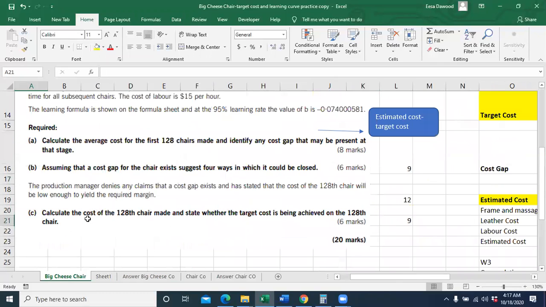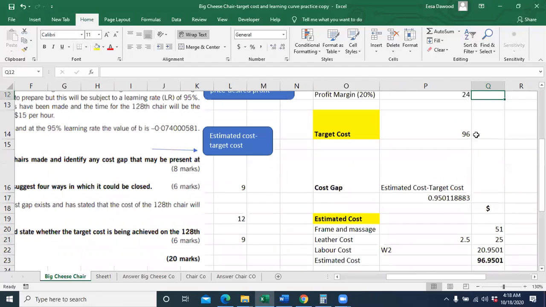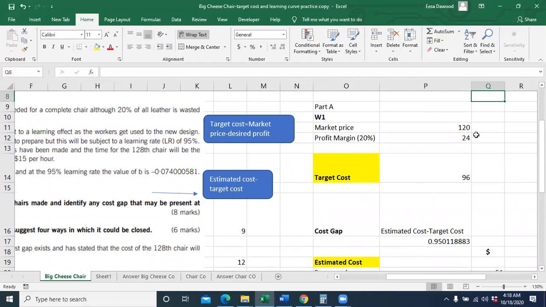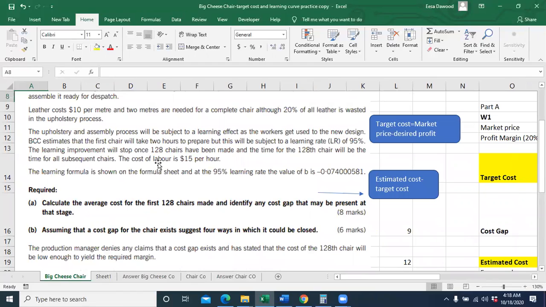But our production manager denies that any cost gap exists, because actually here we calculated the target cost based not on when the learning actually stopped. That should be the time taken for the 128th chair. Here we didn't calculate using that.